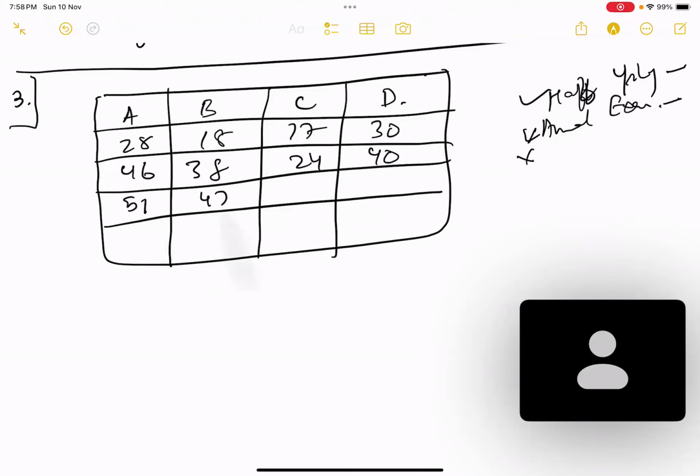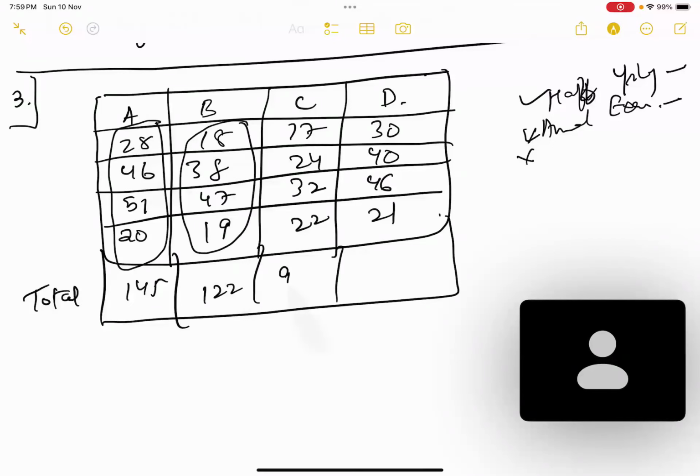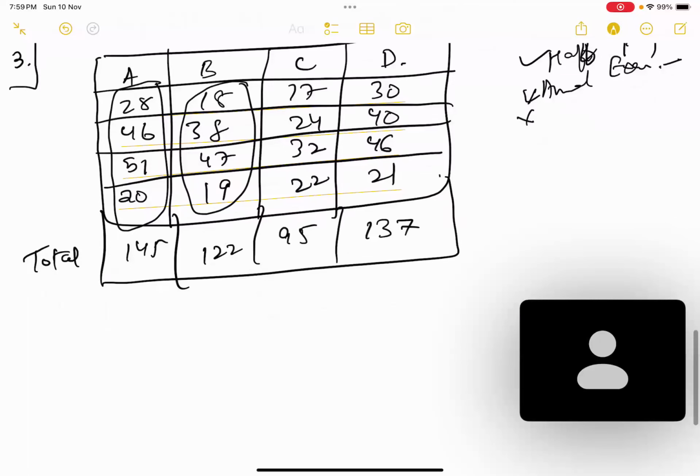Let's just find the number of students in each class. We have 145. We just add this. It is 122, 100, these are the pass. We have to find the maximum pass percentage of the two examinations taken together, which means we have to find the ratio of this compared with this.